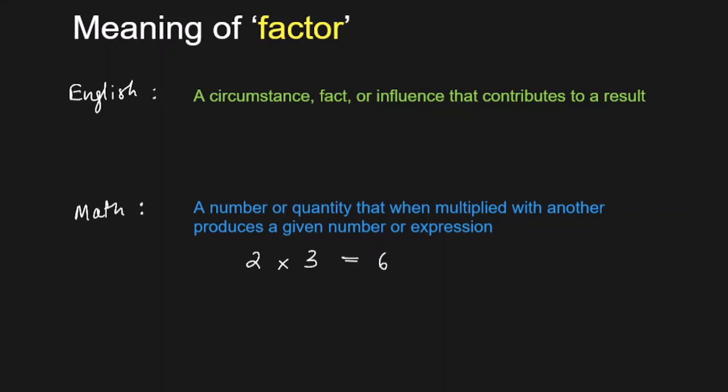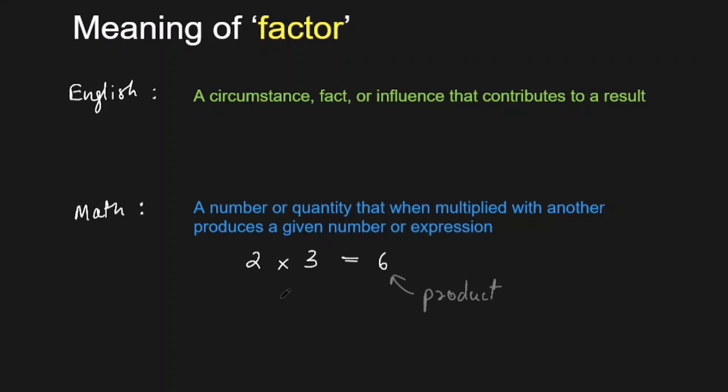Here in math, when you multiply two numbers, we get a number, which is our result, 6. The 6 is actually called the product.